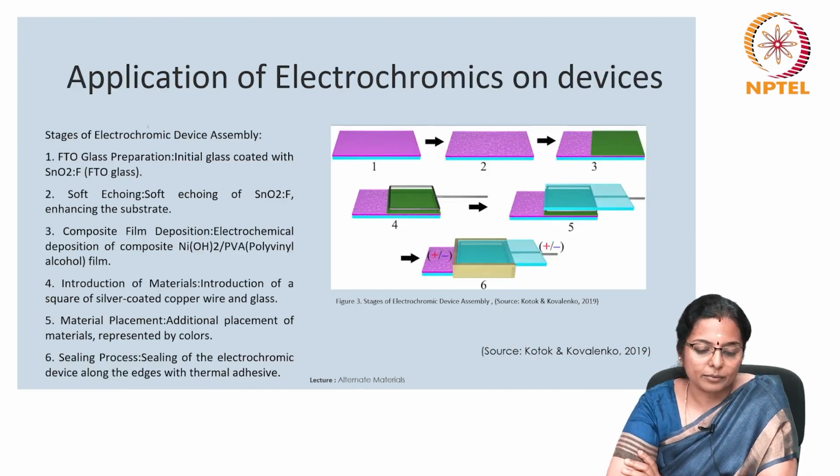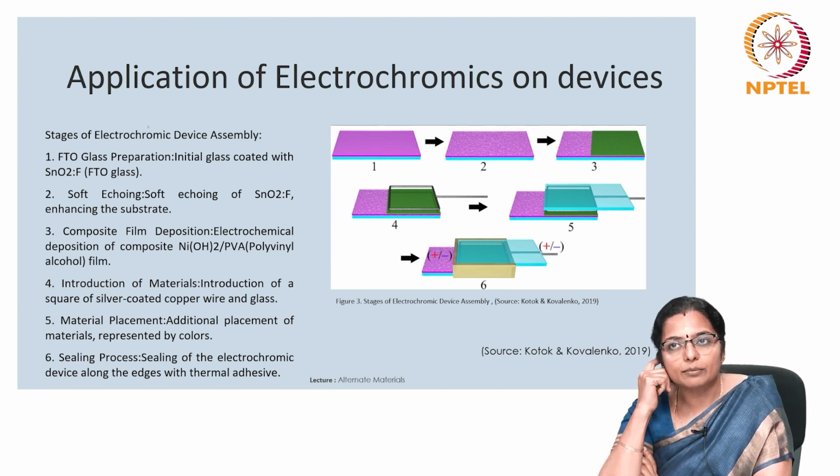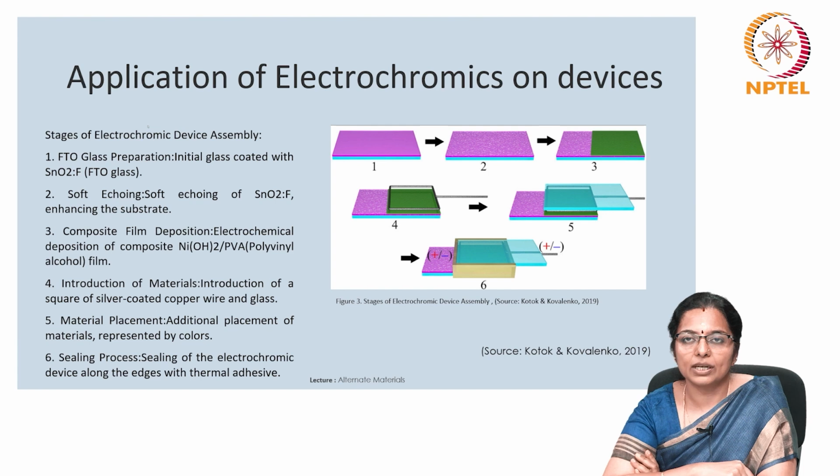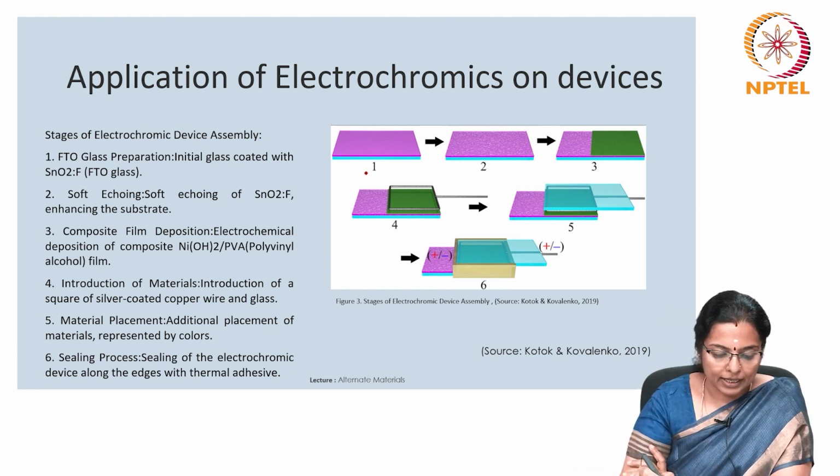Let us look at the application of electrochromics on devices. Electrochromic devices find application in smart windows and displays. The assembly process involves preparing FTO glass here. It involves the preparation of the glass.